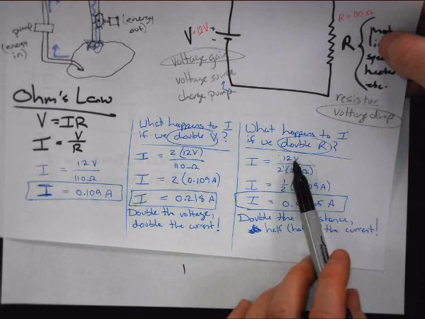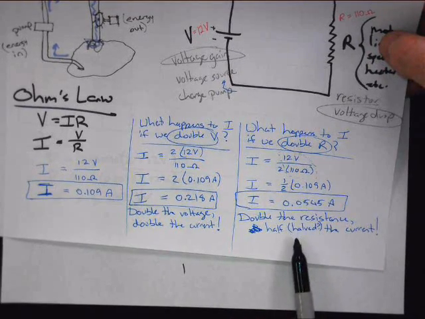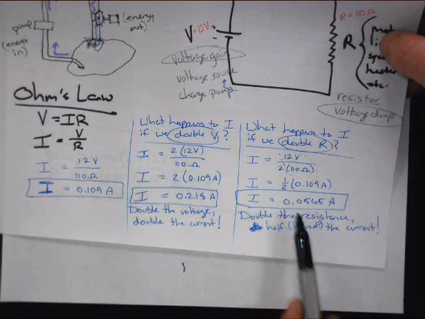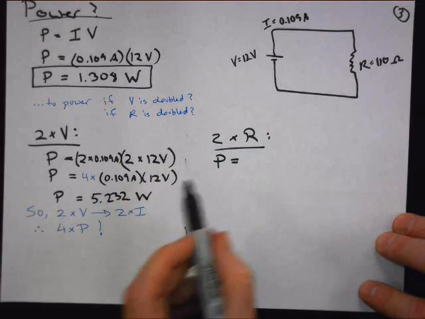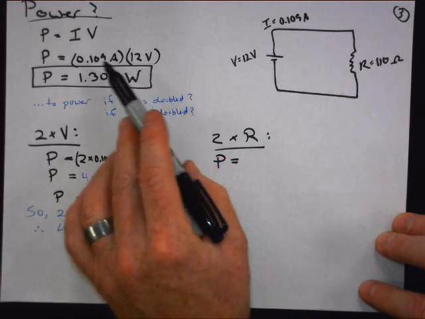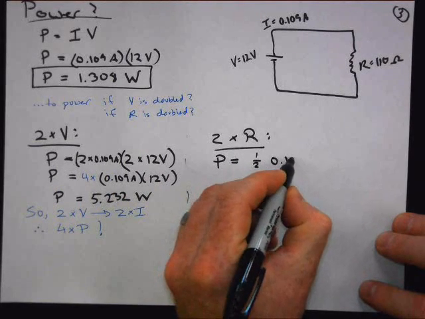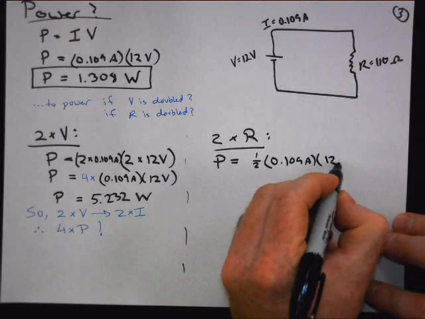No, we still had 12 volts. And doubling the resistance, we found, gave us half the amount of current. Okay, so let's set up our equation for power in this circuit. Voltage is the same, 12 volts, but we got half the amount of current, so 1/2 times the 0.109 amps times the same voltage, 12 volts. That's unchanged.